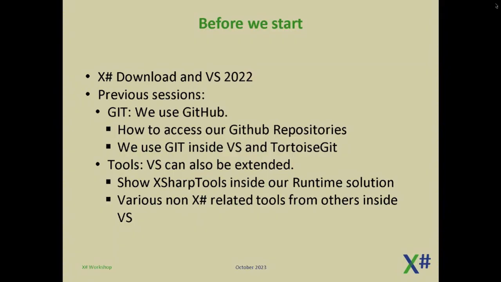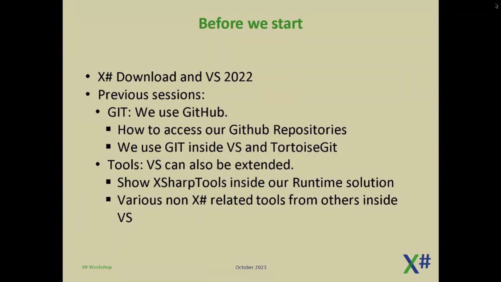What I want to mention is that there is an extension created by one of our customers to extend XSharp behavior. On top of that, we use all kinds of non-XSharp related tools that basically make life in Visual Studio easier.